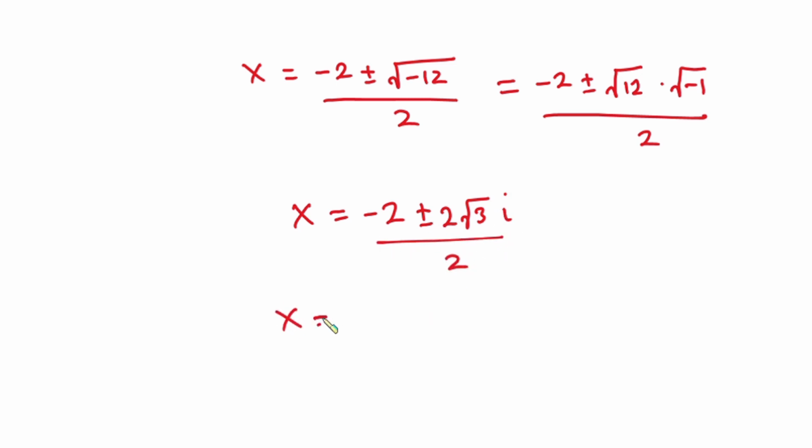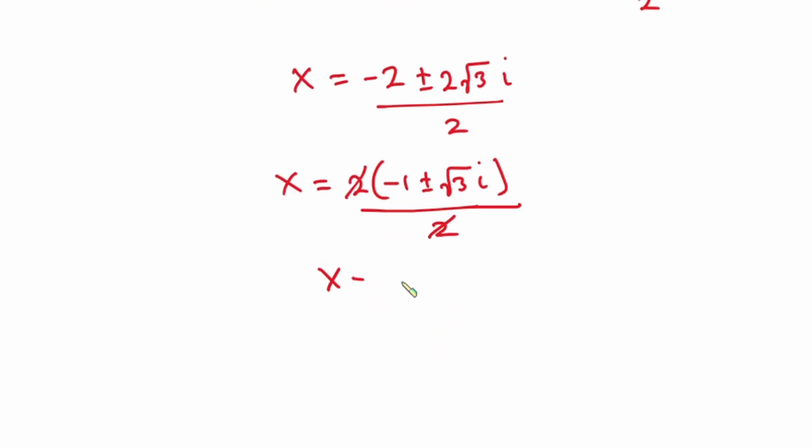Now if we factor 2 out, we have 2 times negative 1 plus or minus square root of 3i divided by 2. And straight away you can see that these two will cancel. So we have x is equal to negative 1 plus or minus square root of 3i.